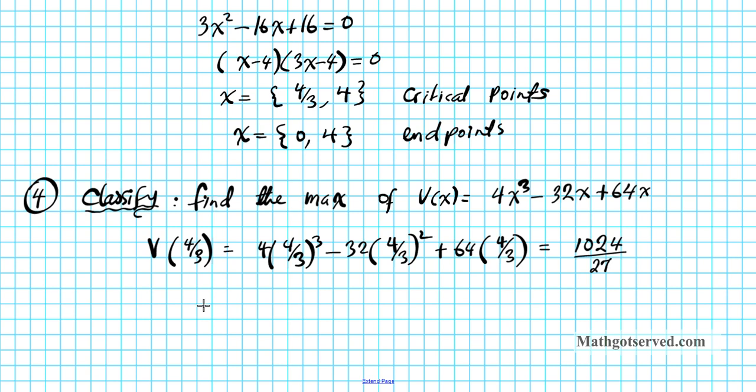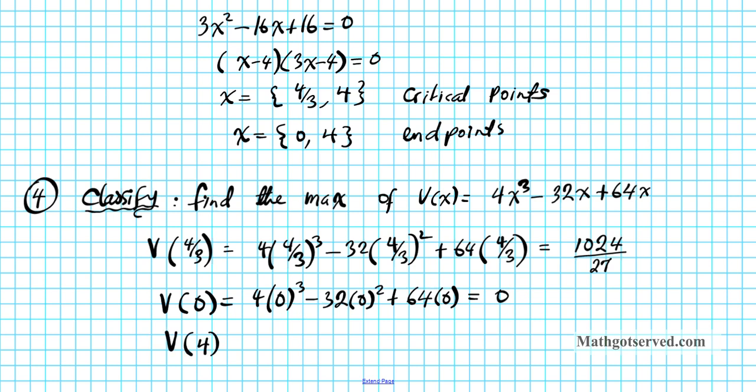All right, and then the next one we're going to check is v of 0. V of 0, you have 4 times 0 to the third minus 32 times 0 squared plus 64 times 0. And you can clearly see that this is 0. And then v of 4, you see this 4 right here is an endpoint and is also a critical point.